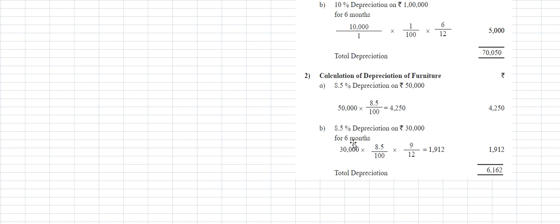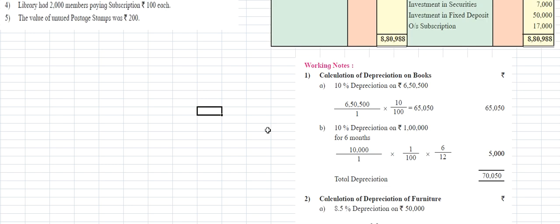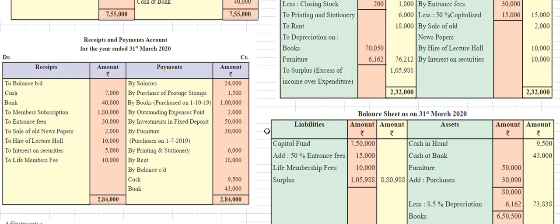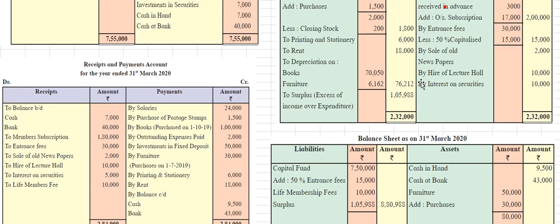Here I mentioned 6 months, but we need to take 9 months. So 8.5 divided by 100 into 9 divided by 12, the amount is 1,912 rupees. So the total depreciation on furniture is 6,162 rupees. That depreciation amount I'll take in here, 6,162, and the total depreciation amount is 76,212 rupees.